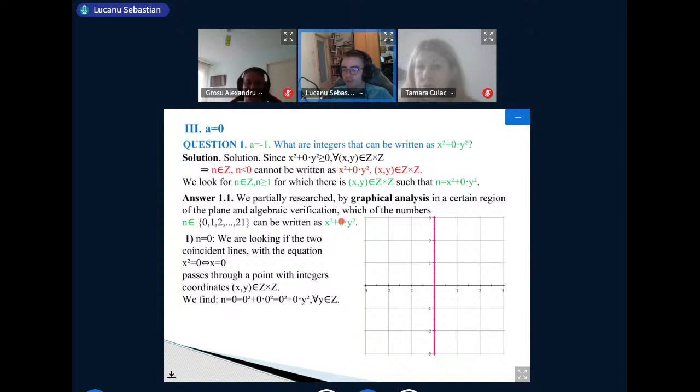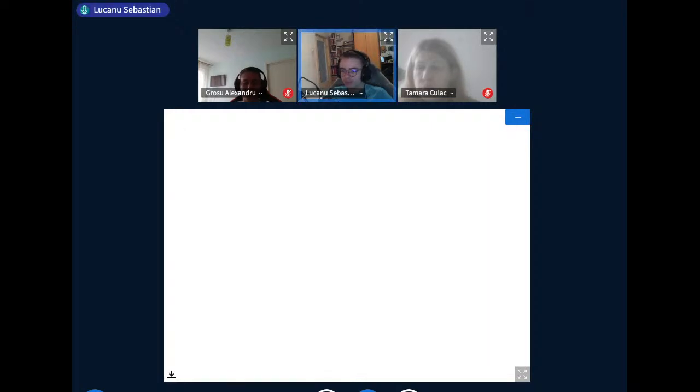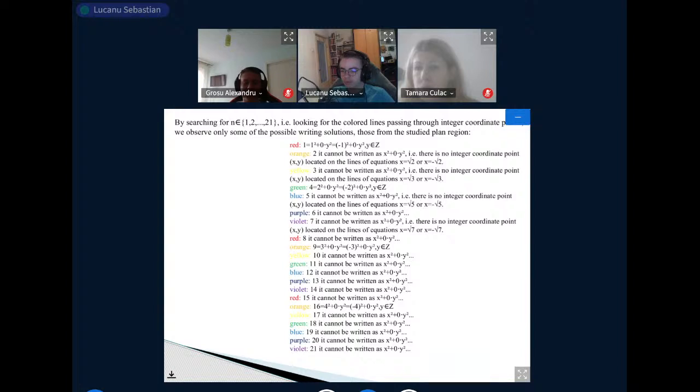We used the same methodology as for the others. We partially researched by graphical analysis in a certain region of the plane, and algebraic verification, which of the numbers from 0 to 21 can be written as x squared plus 0 times y squared. Here is the graph, and here are our answers.